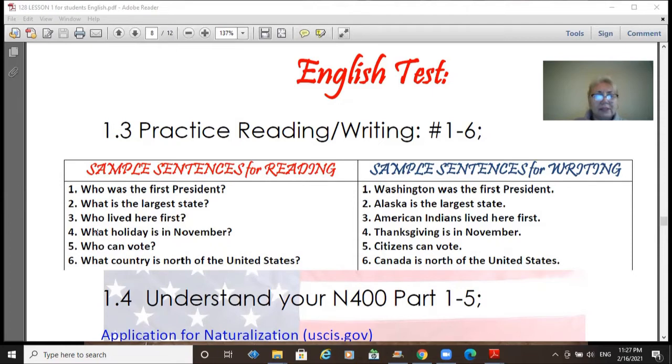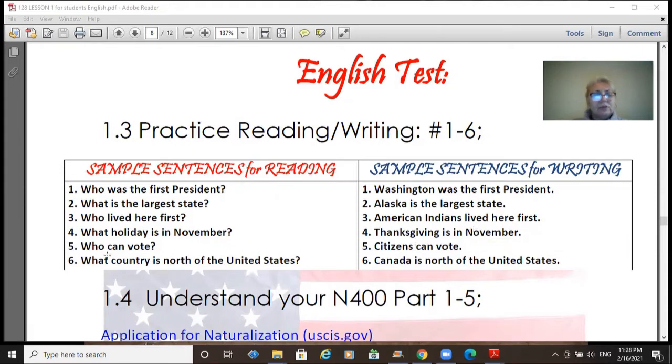So you will see that sentence on the screen and you will read it out loud. What holiday is in November? Number 4 for writing, and the officer will dictate it for you twice. Thanksgiving is in November. Capitalize November because it's the name of a month.